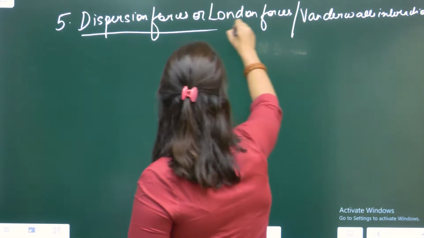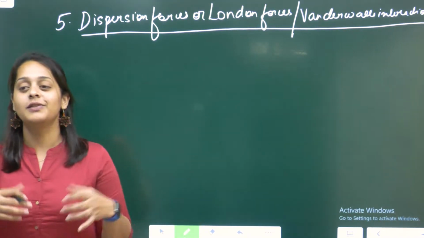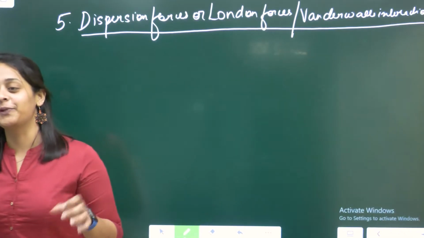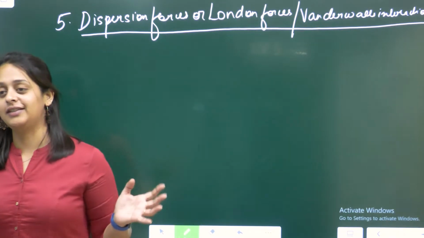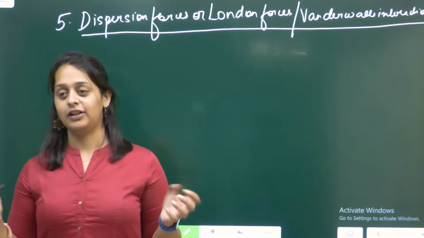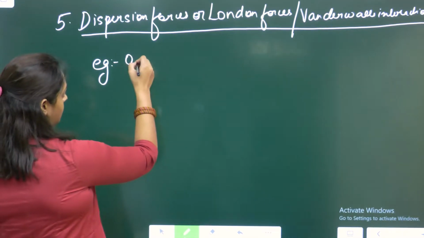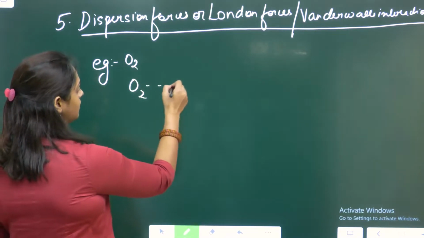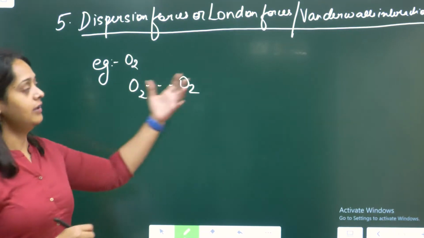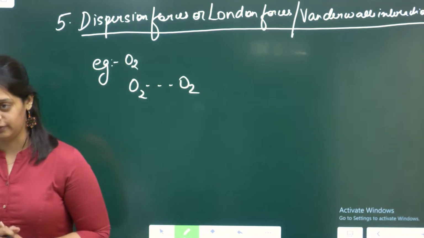If you see in a molecule there is no interaction of dipole or ion or anything, then it will fall under van der Waal forces. Like the oxygen molecule, for example. The interaction between two oxygen molecules is weak van der Waal forces. They are the weakest among all of them.